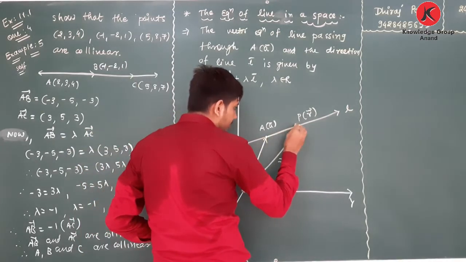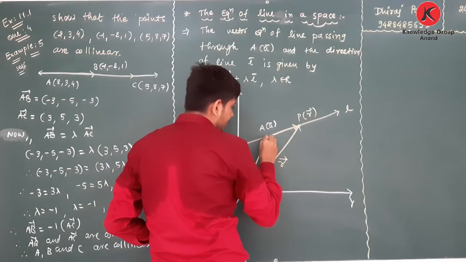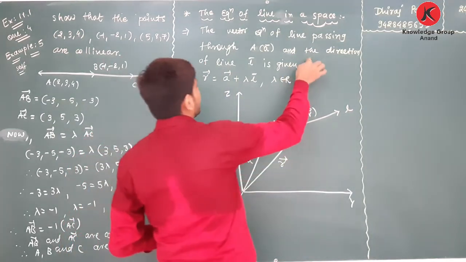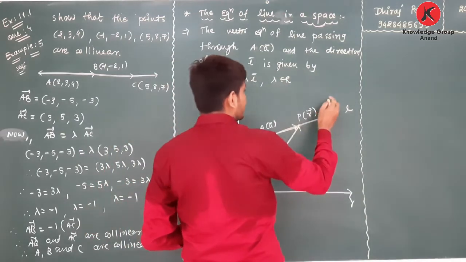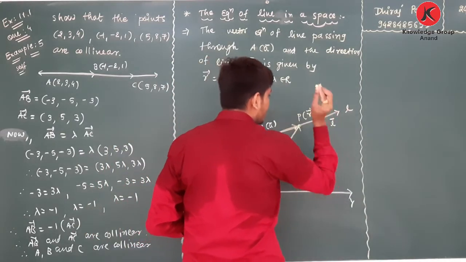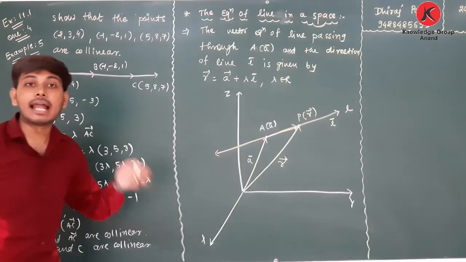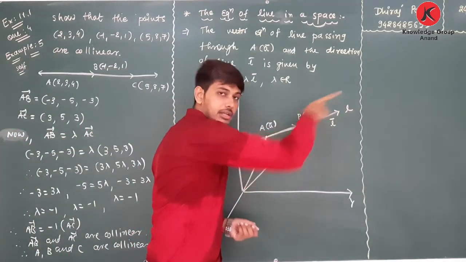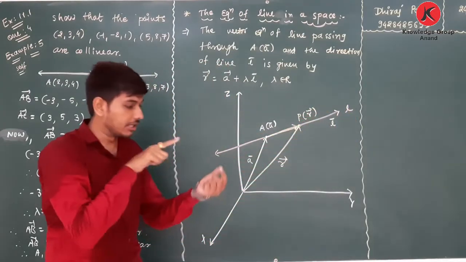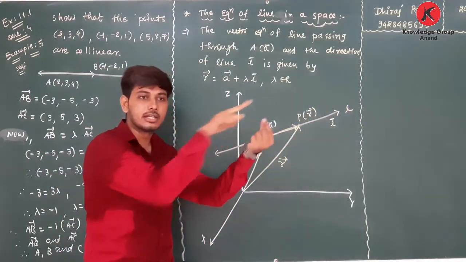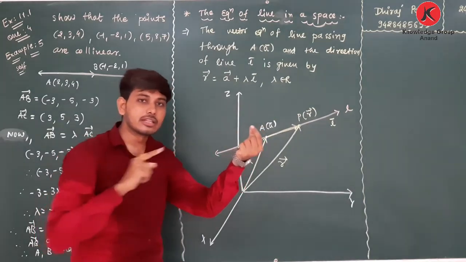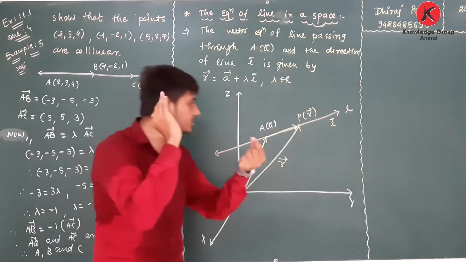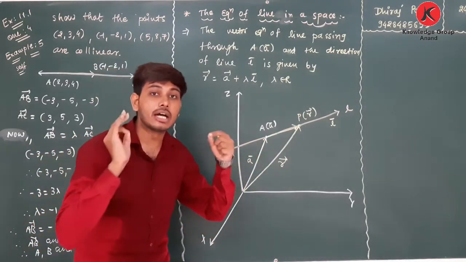Now see here. Vector AP. The vector AP is like this. This is your vector AP. And the direction of line is also given. The direction of line is L bar. The direction of line is also like this, L bar, and the vector AP is also like this. The vector AP and the direction of line both are collinear vectors.